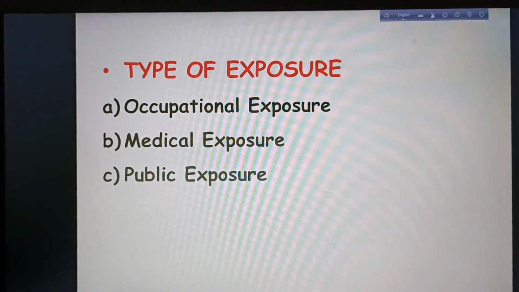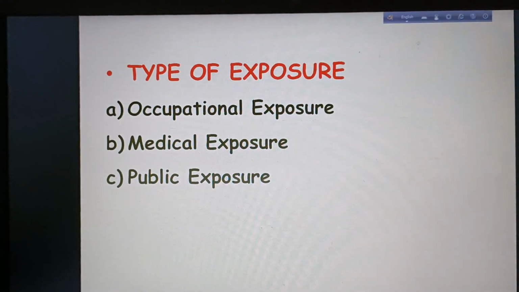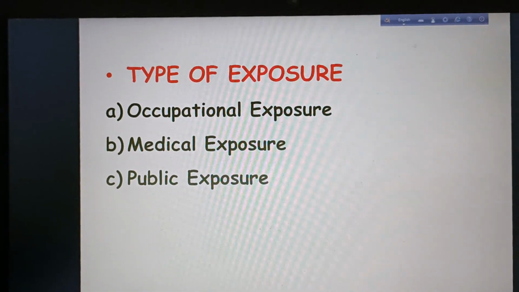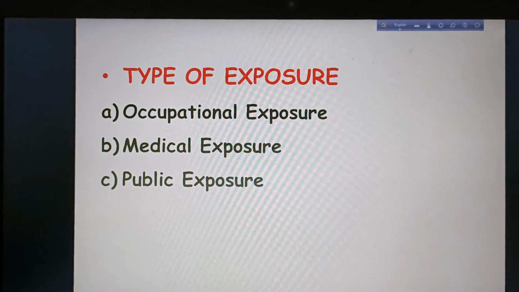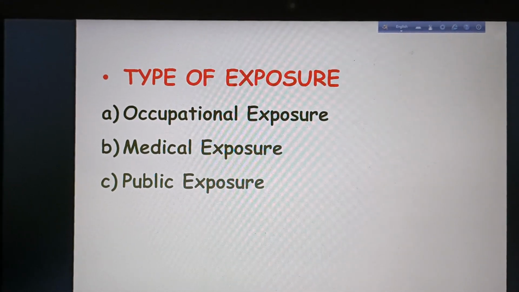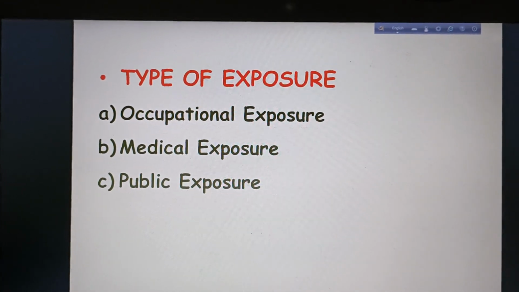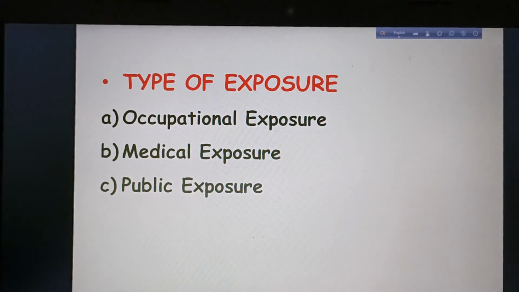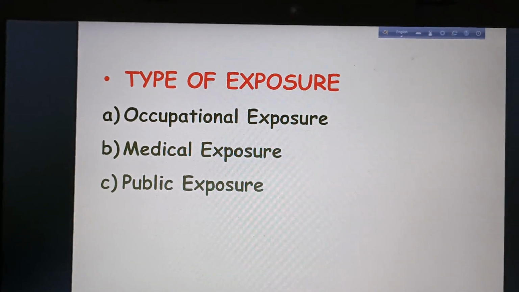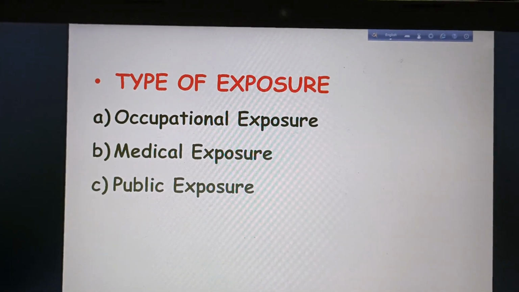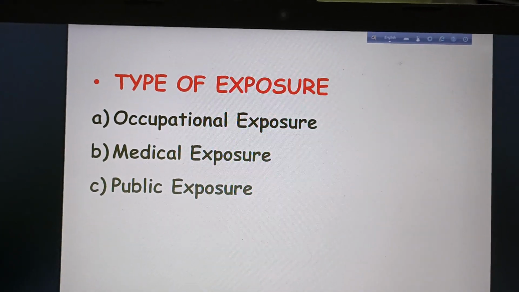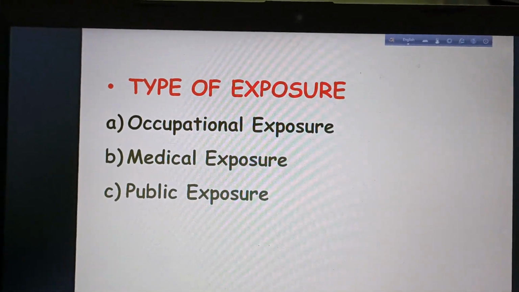Types of exposure: occupational exposure, medical exposure, and public exposure. It is defined by ICRP 107. So, as per ICRP 107, there are three types of exposure: occupational exposure, medical exposure, and public exposure.